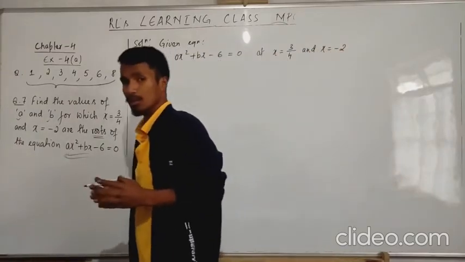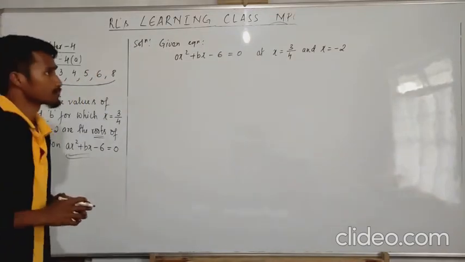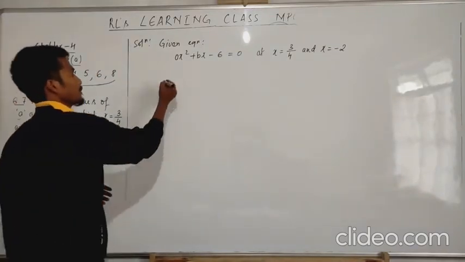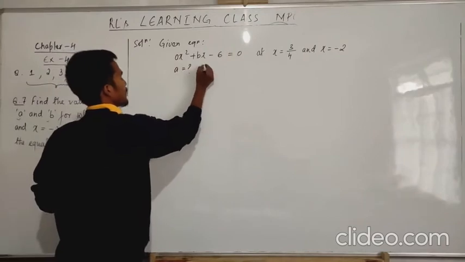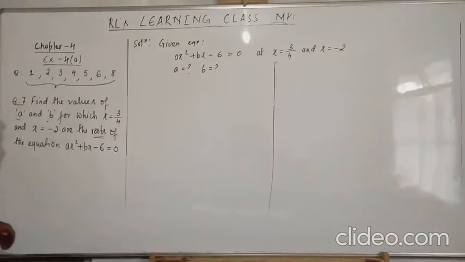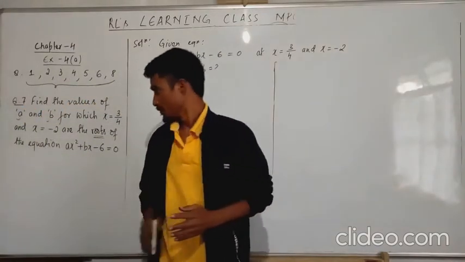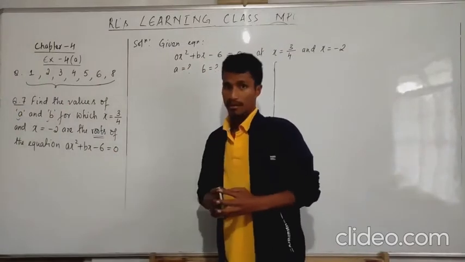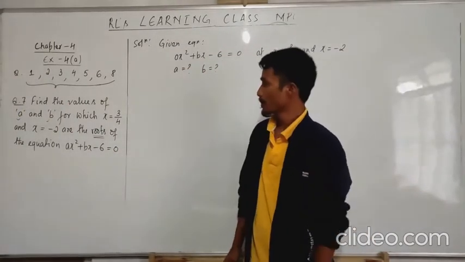Those are the two solutions or the two roots. Then we need to find a and we need to find b. Okay, now we start to solve this. Question number 7. Find the values of a, b.